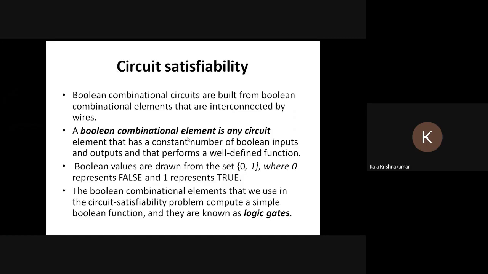A Boolean combinational element is any circuit element that has a constant number of Boolean inputs and outputs and that performs a well-defined function. Boolean values are drawn from the set {0, 1}, where 0 represents false and 1 represents true.